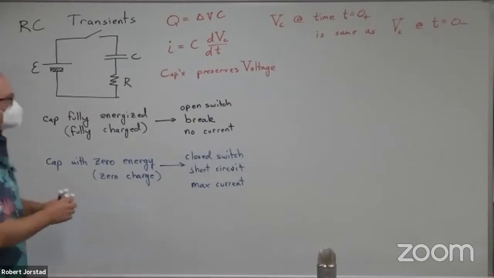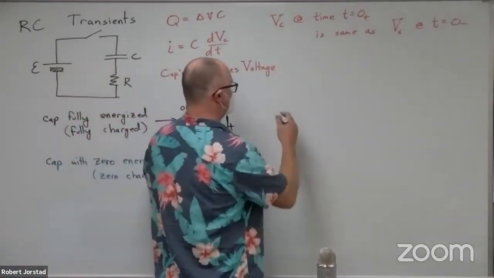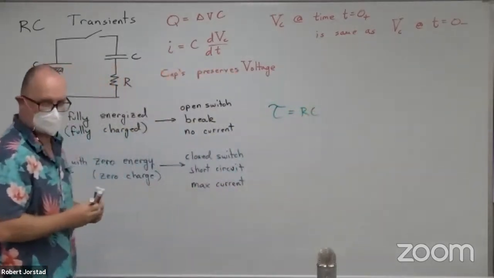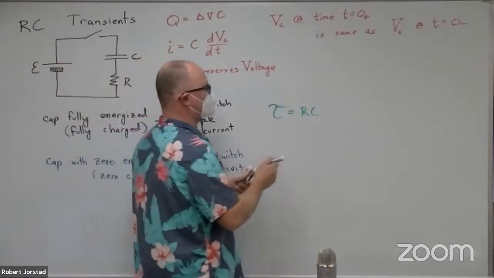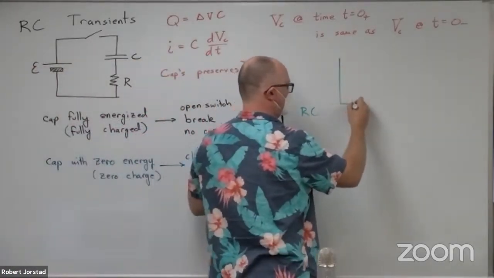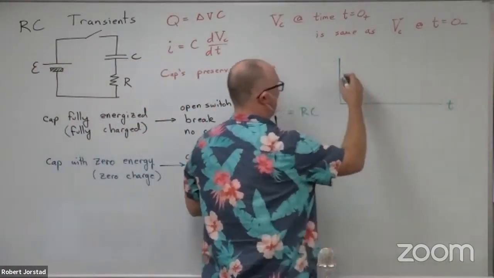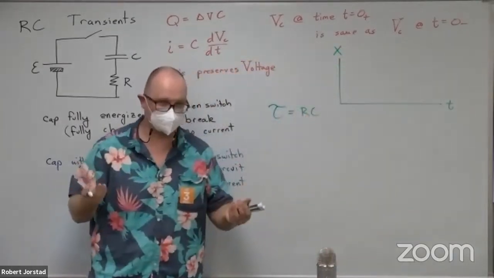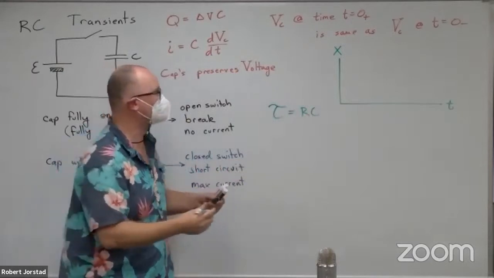What was the time constant? Tau was equal to RC. Now, we recall there were two types of plots. I'm just going to call this X because X could be voltage or charge or things like that, right?